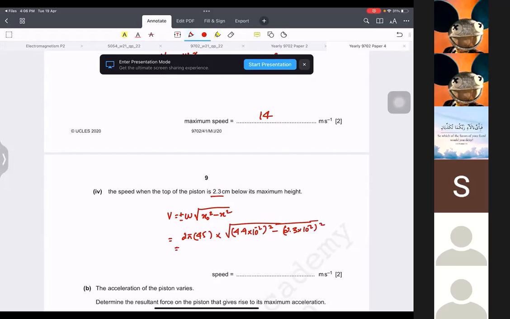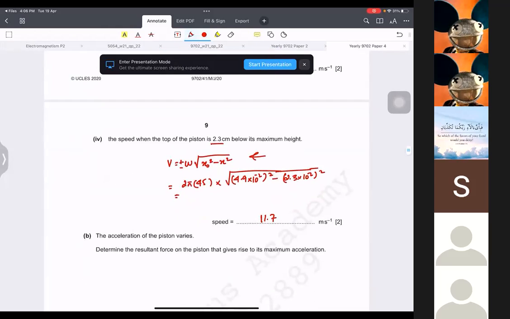So the answer is, by the way, this formula is 11.7. This formula, sorry, मैंने derive करा था. नहीं करने की जरूरत. This is given in the data sheet. Okay. Wow, sir.